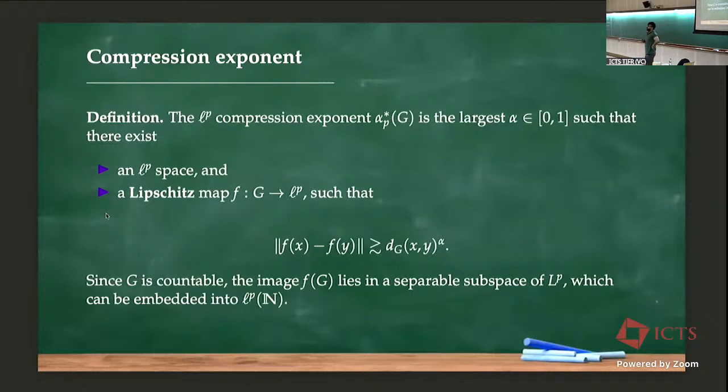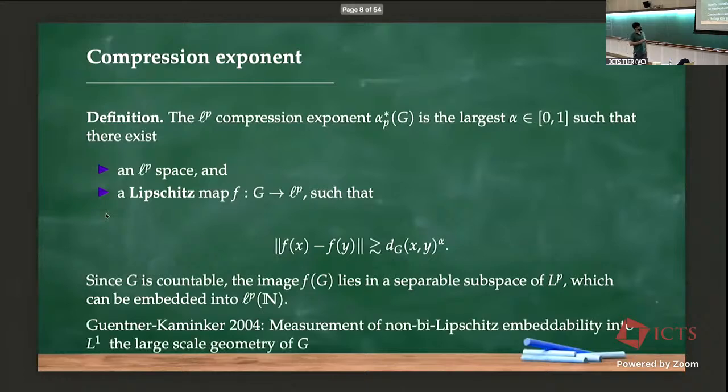Does it make sense so far? Moving on, as mentioned before, it was introduced by Guentner and Kaminker as a measurement of how much the function fails to be bi-Lipschitz. It's a quantitative measurement of this.